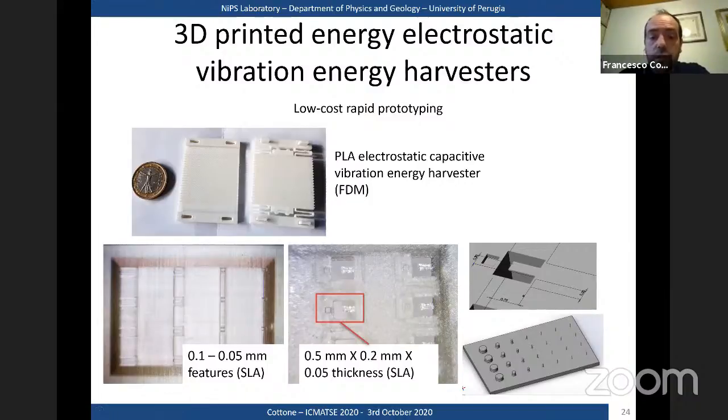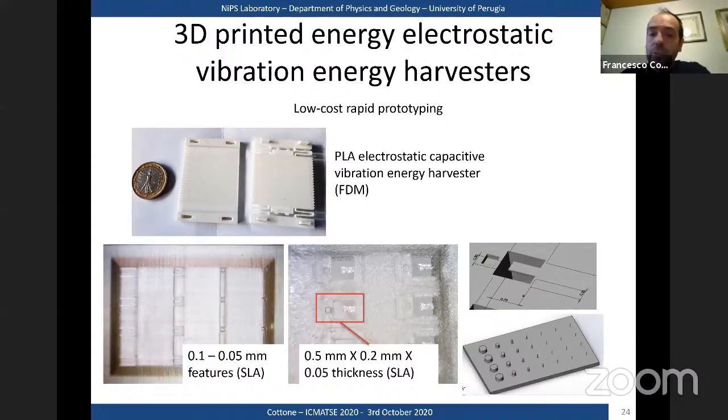The big advantage of 3D printing is that you have very rapid and very low cost prototyping compared to the manufacturing of devices in a clean room, for example, with the normal techniques of etching, deep reactive ion etching, or CVD and so on.